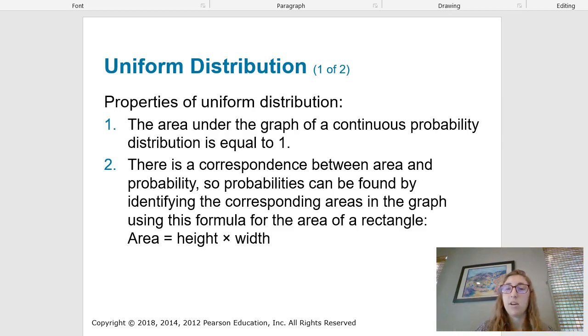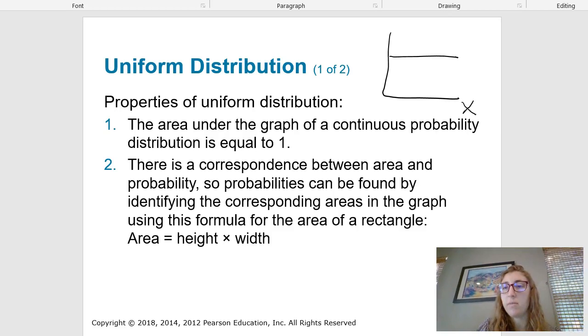In this section, we're talking about continuous probability distributions. So instead of having bars here, we essentially just have a horizontal line, and our horizontal line is showing that the probability is the same over the entire interval of our x variable.